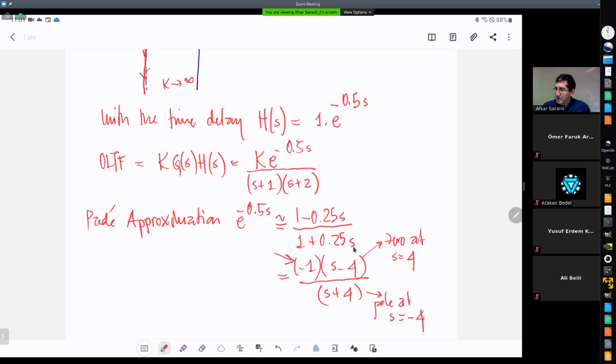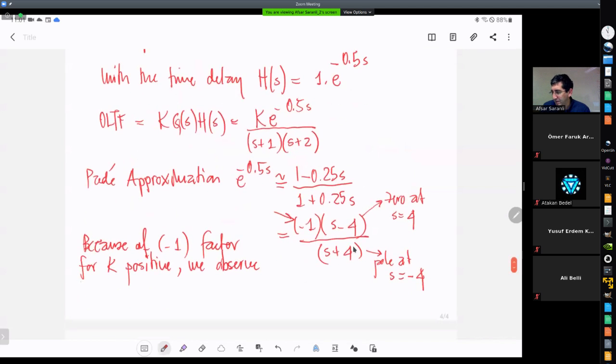So because of this minus 1 factor, for k positive, we observe the negative gain root locus.